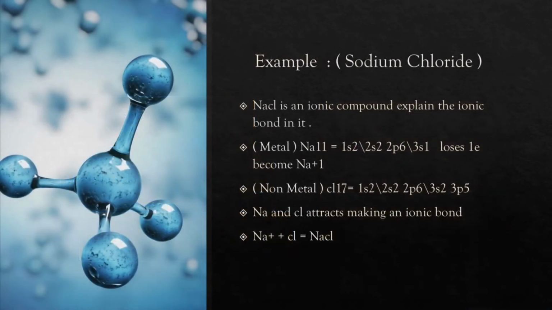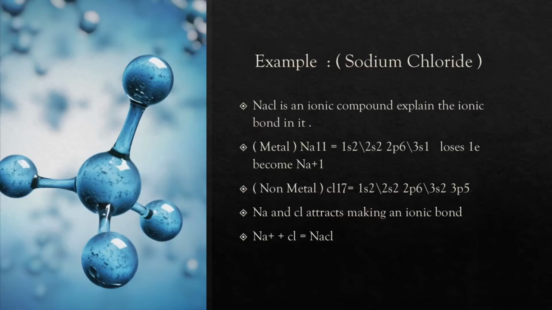Example, sodium chloride. NaCl is an ionic compound. Explain the ionic bond in it. Metal Na11 has 3s1 at the valence level, so it loses one electron and becomes Na positive 1 because it lost one electron. The nonmetal Cl17 has the valence level of 3s2 and 3p5.